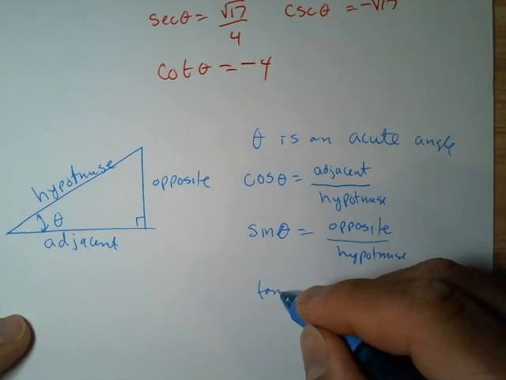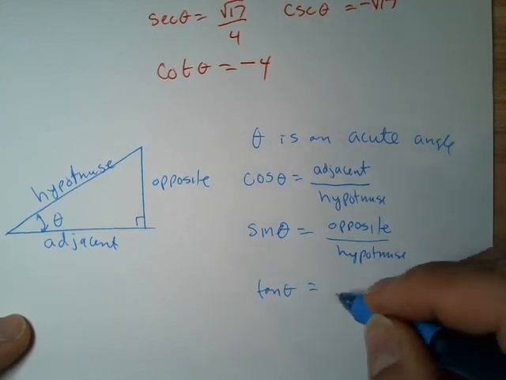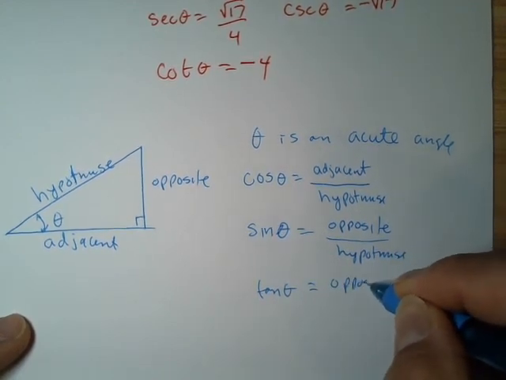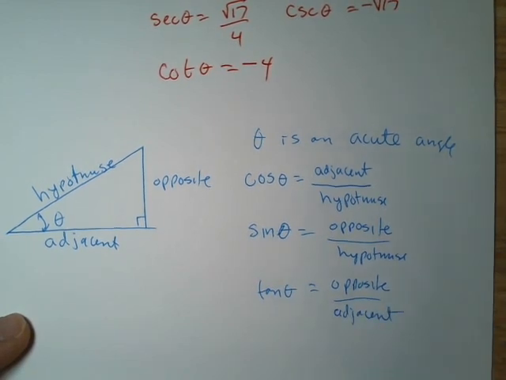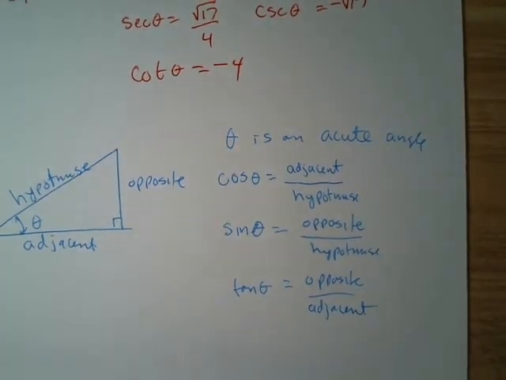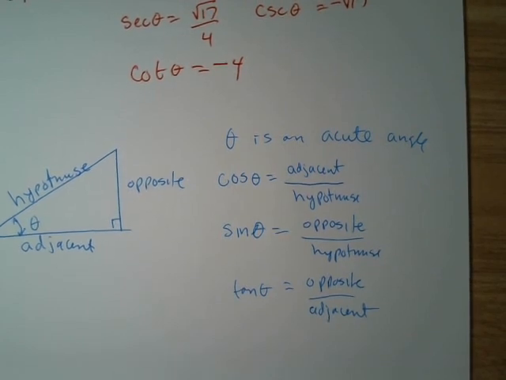And the tangent of theta is opposite over adjacent. Of course, the reciprocals from there are just the reciprocals of these values. Another nice way to remember this: cosine adjacent over hypotenuse, sine opposite over hypotenuse, and tangent of theta opposite over adjacent. Okay, so thank you.